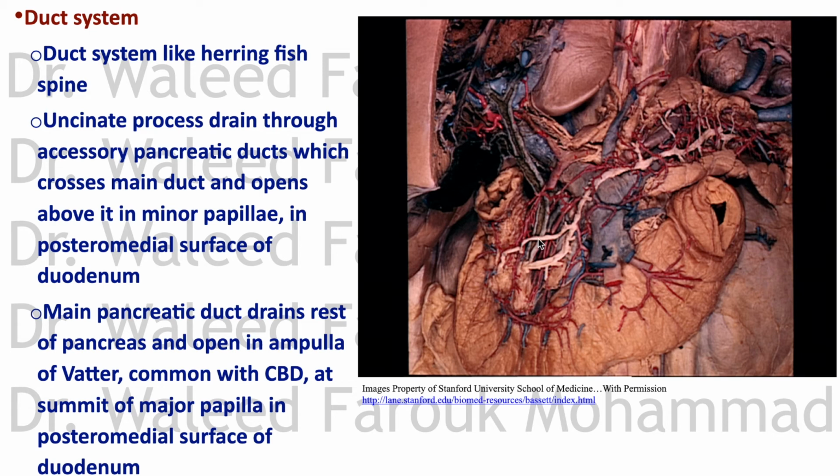As you can see here, it opens in the posteromedial aspect of the duodenum, in the minor papilla, which is above the major papilla, the site of the opening of both the common bile duct and the main pancreatic duct. And it's beautifully dissected here, the bile duct.